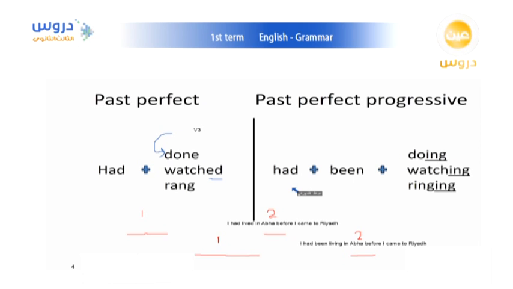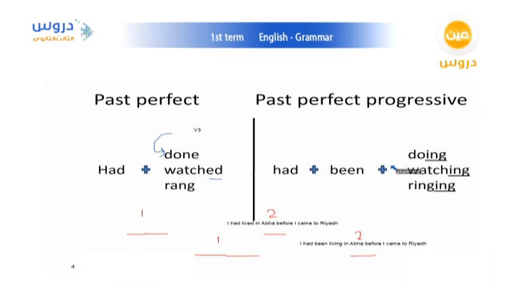So the form, this is the form: had plus been plus the verb plus ing. So for example, we have both tenses now, but some people don't use the past perfect and the past perfect progressive.